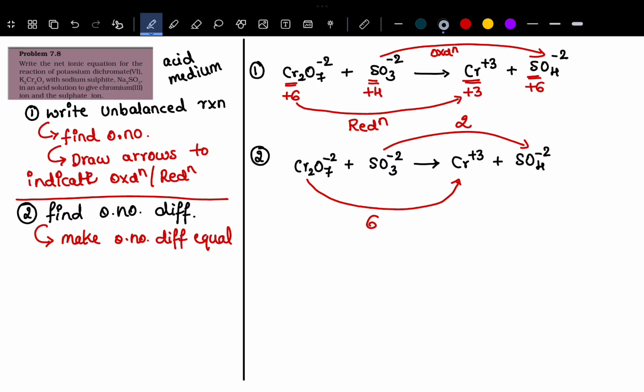I will multiply this number by 3, so I'll get 6. I'll multiply this 2 by 3, which will give me 6. So by multiplying with 1 here and 3 here, I am getting 6 on both sides. So we have made the oxidation number difference equal. That is the third step. Once this is done, you go for the next step.